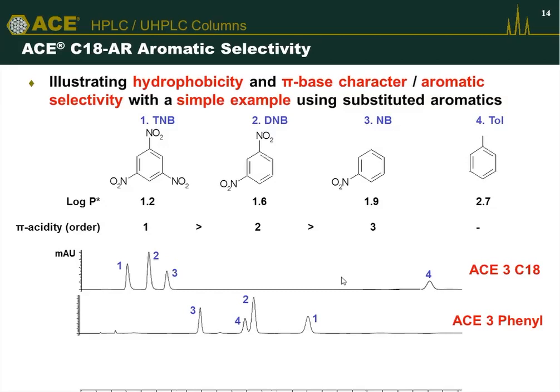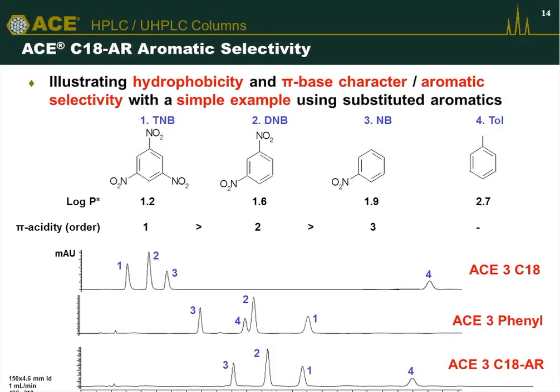Now, with the C18AR, what we were trying to do is combine the mechanism of interaction of a C18 and the phenyl ring together in a single stationary phase. And when we analysed this mixture on the C18AR, that's exactly what we found. You can see we still have the reverse elution order here, so the most substituted nitro species interacts the longest with the pi systems on this phase.